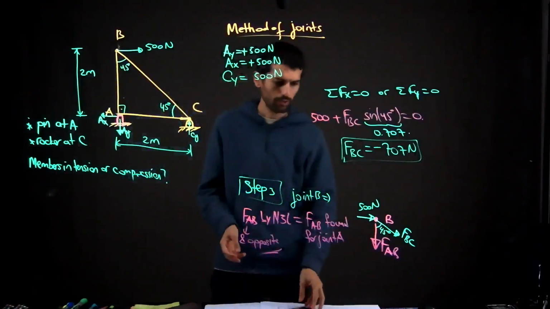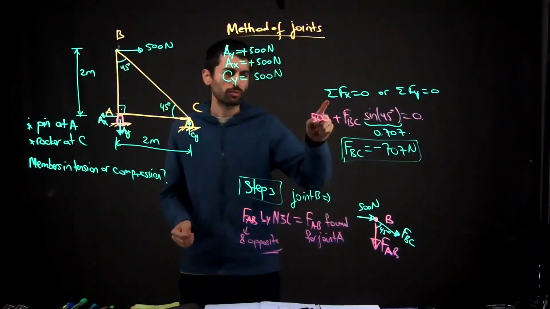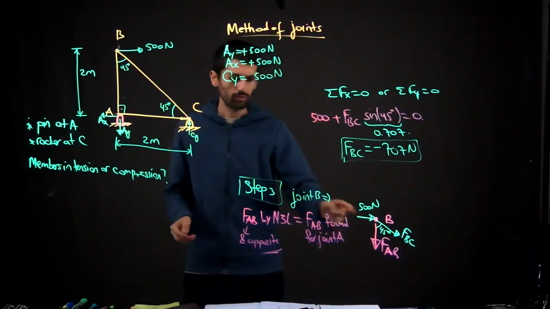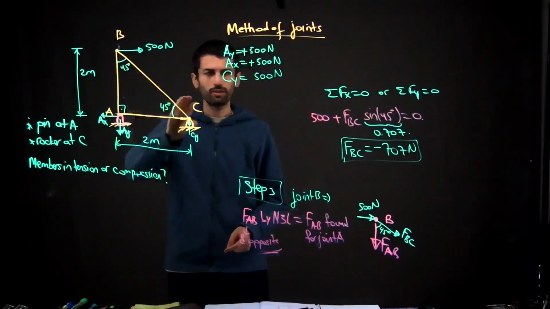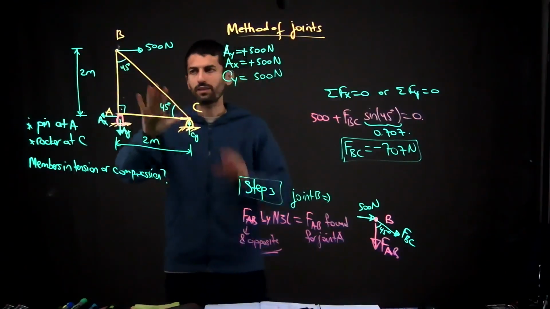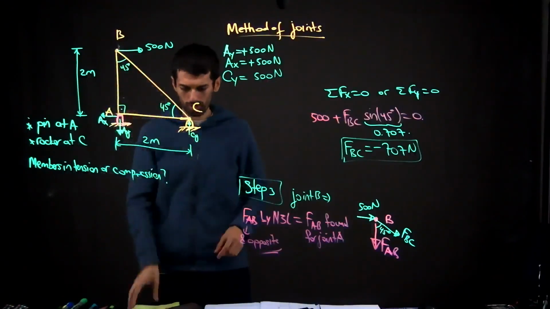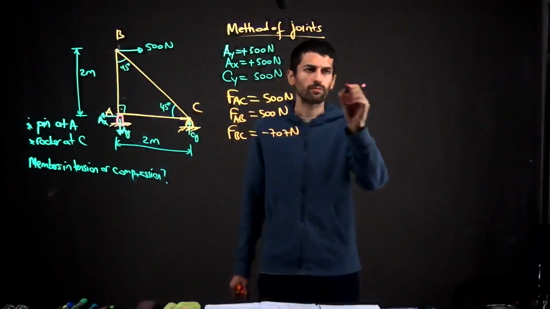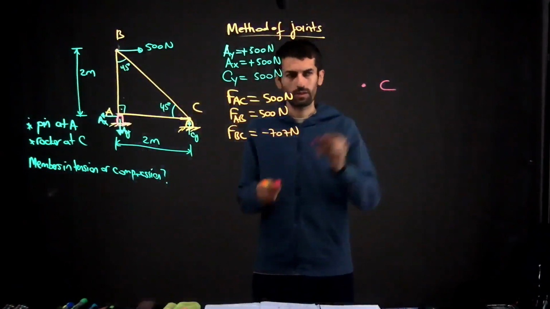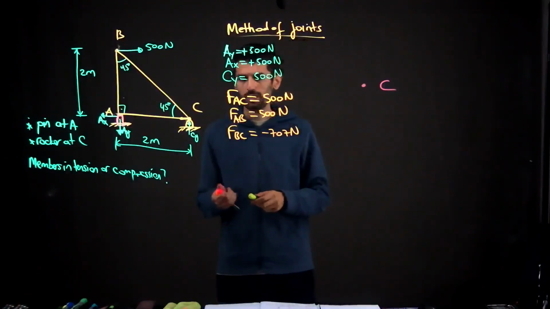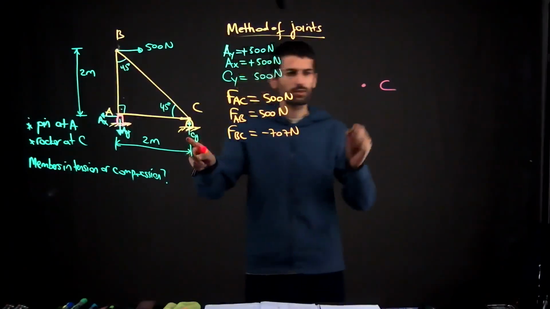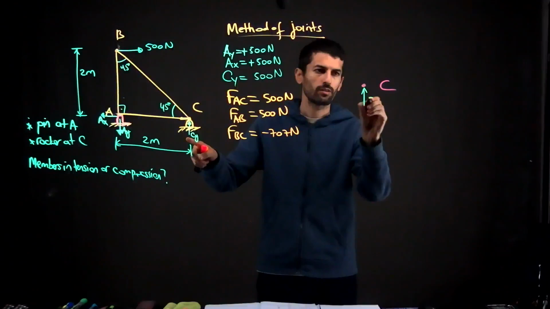So we have all unknowns found for joint B, we have all unknowns found for joint A, and then the final one will be joint C, and then we will find whether these members are in tension or compression. For joint C, we have C_y.